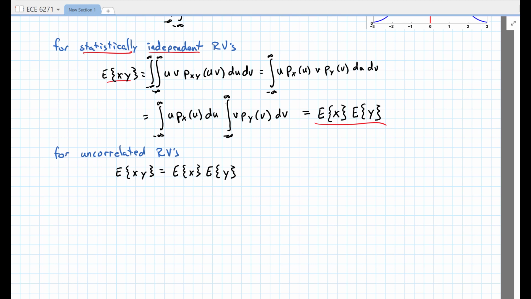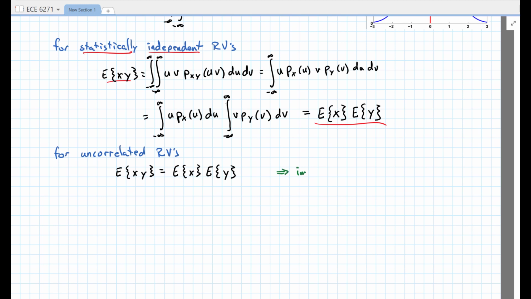So that's nice. In fact, this is the definition of uncorrelatedness. If expected value of xy is equal to the expected value of x times the expected value of y, then we have uncorrelated random variables.